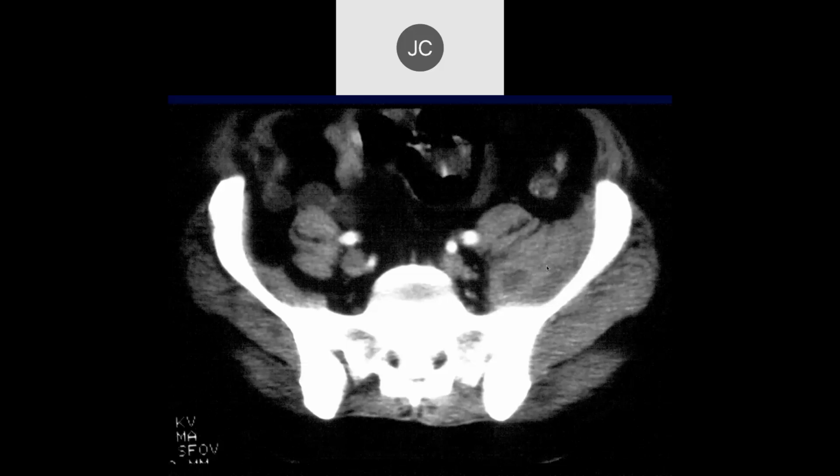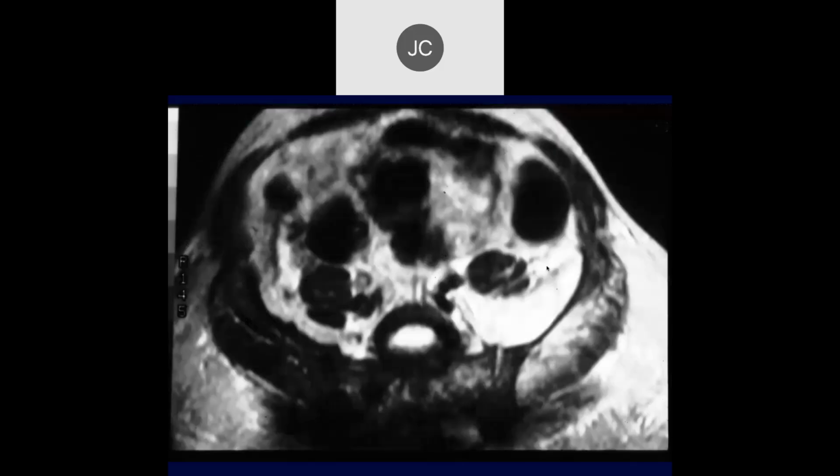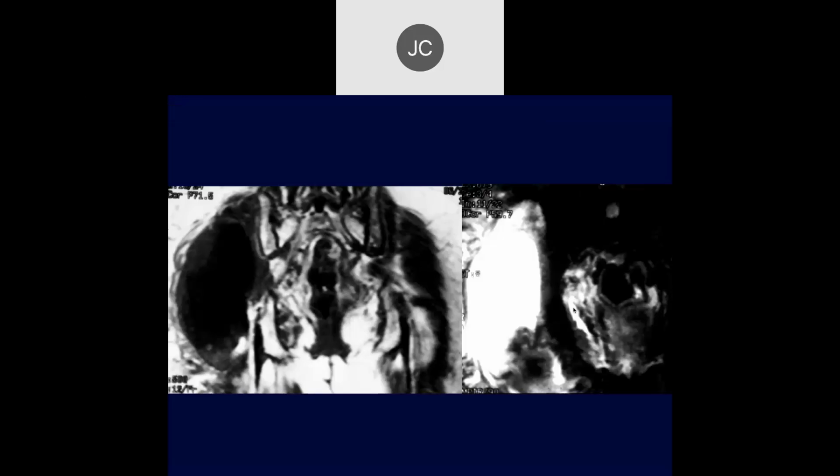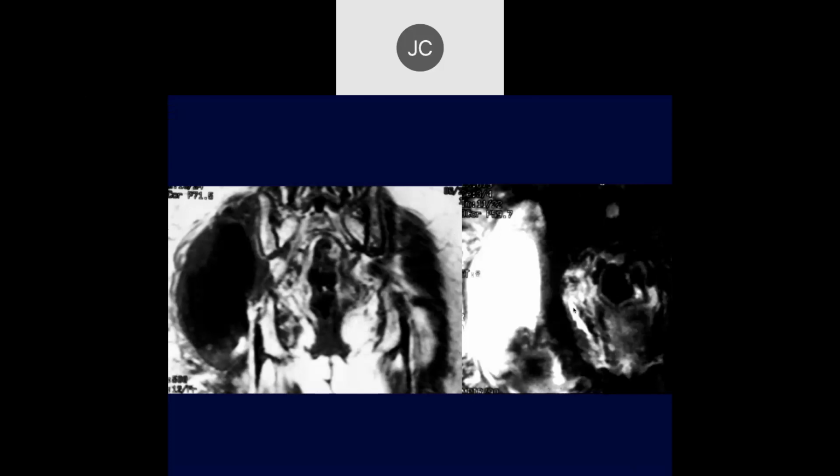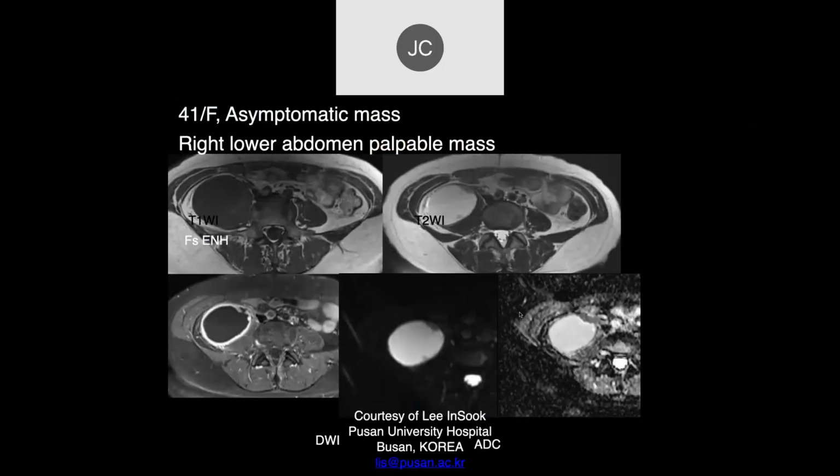So there's marked asymmetry in this old CT scan from the early days of CT, the early days of MR. We can see the fluid collections here on both sides of the iliac bone. And here we have it. This is just a large abscess with osteomyelitis of the iliac bone.